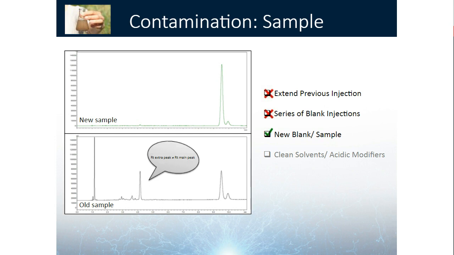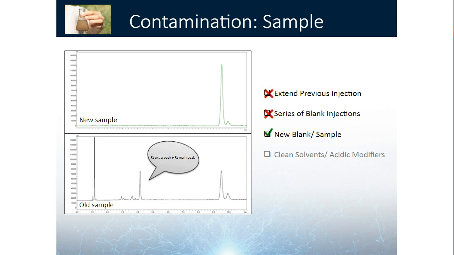You can see that just getting a new sample, you're getting rid of these artifact peaks in the middle of the chromatogram. You can also see that the area counts are a little bit lower compared to the old sample versus the new sample. So simply prepping up a new sample, you may even have to prep up new stocks, could certainly get rid of these artifact peaks.